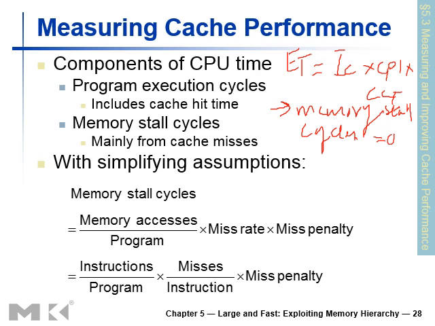The proportion of those instructions multiplied by the miss rate and multiplied by the miss penalty determines our memory stall cycles. So the number of accesses per program is equal to the instruction count multiplied by how many misses we have generated per instruction, multiplied by the miss penalty.